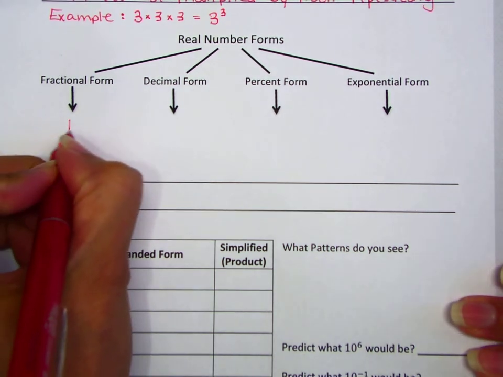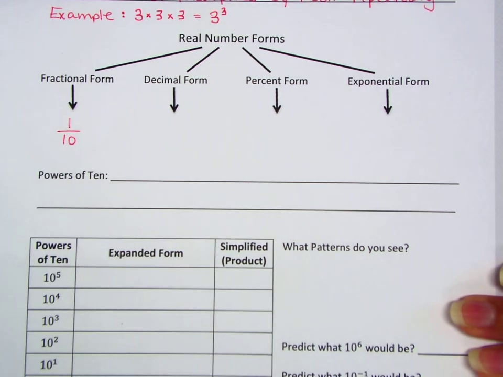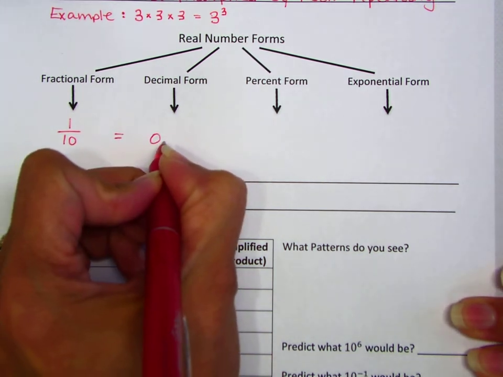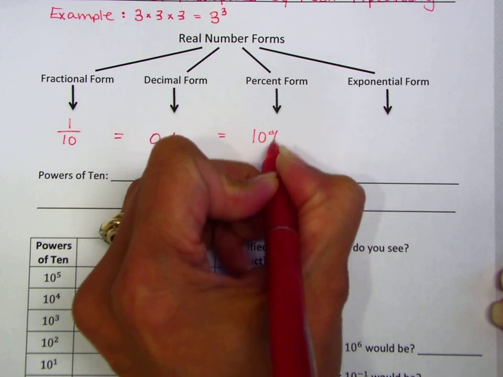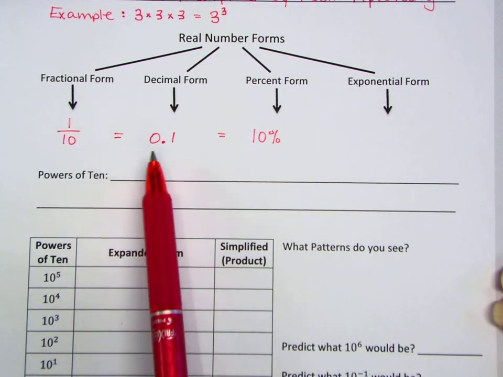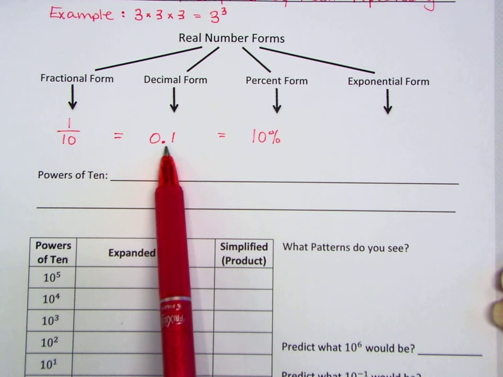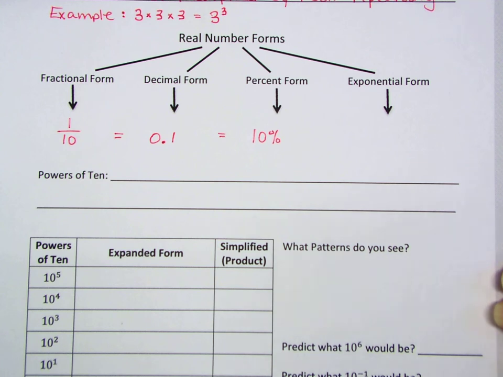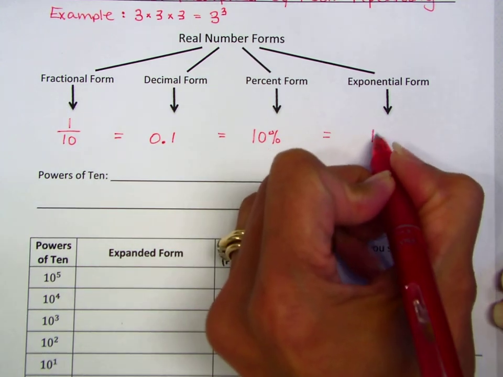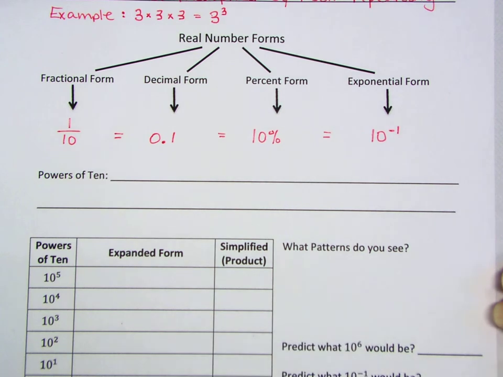So let's take 1/10 and find an equivalent decimal form, which we know would be 0.1. And an equivalent percent form would be 10%. Remember, when you convert from a decimal to a percent, you can move the decimal 2 places to get the percent value. And the equivalent exponential form would be 10 to the negative first power. And we will talk about negative and positive exponents.